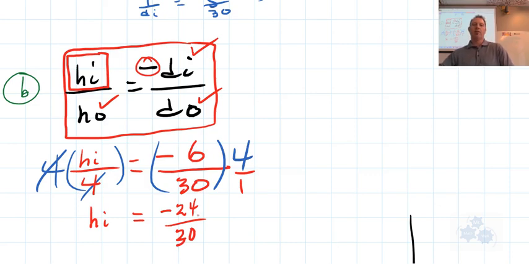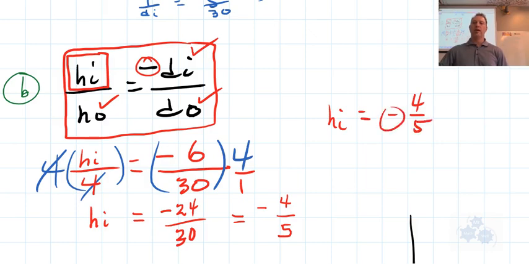And so 24 over 30 is going to be simplified to what? Negative, actually it's a negative 4/5. So the height of the image, HI, is negative 4/5.